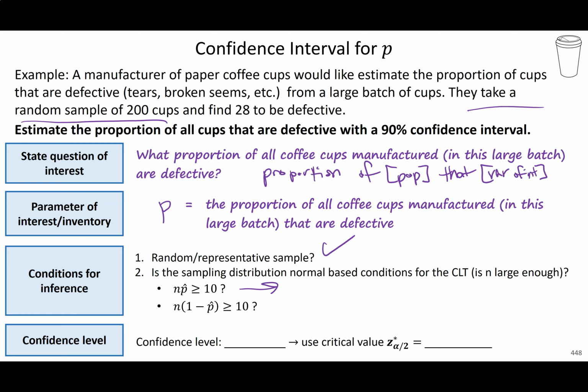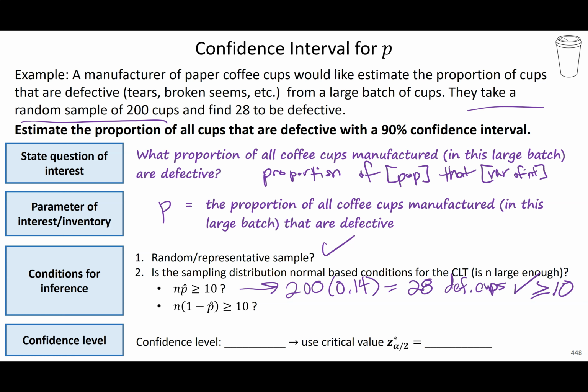So what this comes out to is n times p hat. So 200 times, remember we calculated p hat a few slides ago, at 0.14. It's just going to get you back to 28 defective cups. And yes, this is greater than or equal to 10, right? That is going to be big enough.